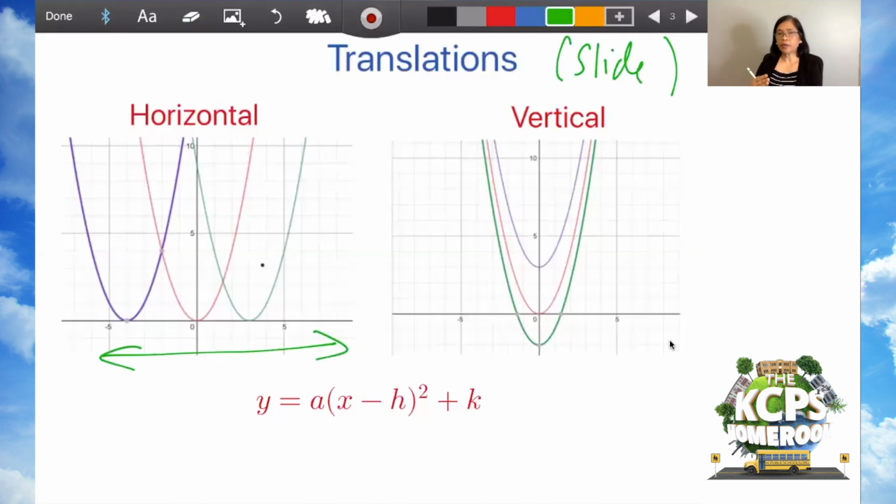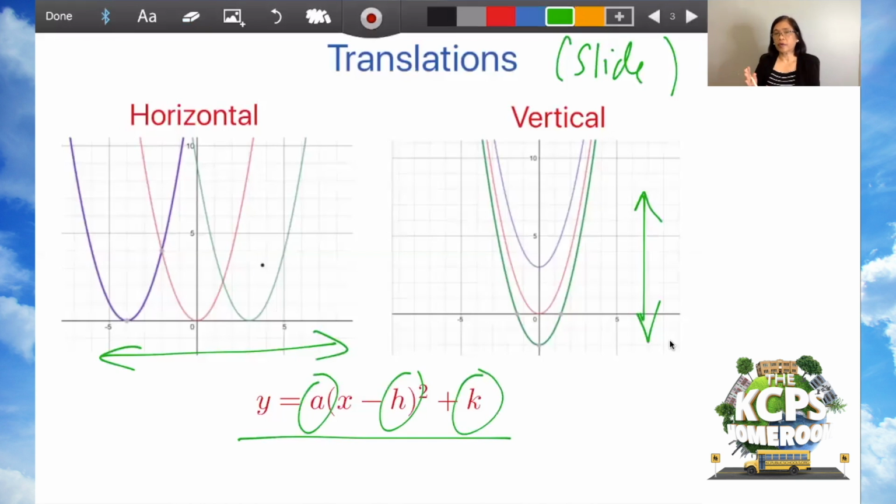And when we talk about vertical translation, we are moving the graph of the function upwards or downwards. If we look at this function, f of x or y is equal to a times the quantity x minus h squared, plus k, which of these values affect the translation or the movement of the graph?